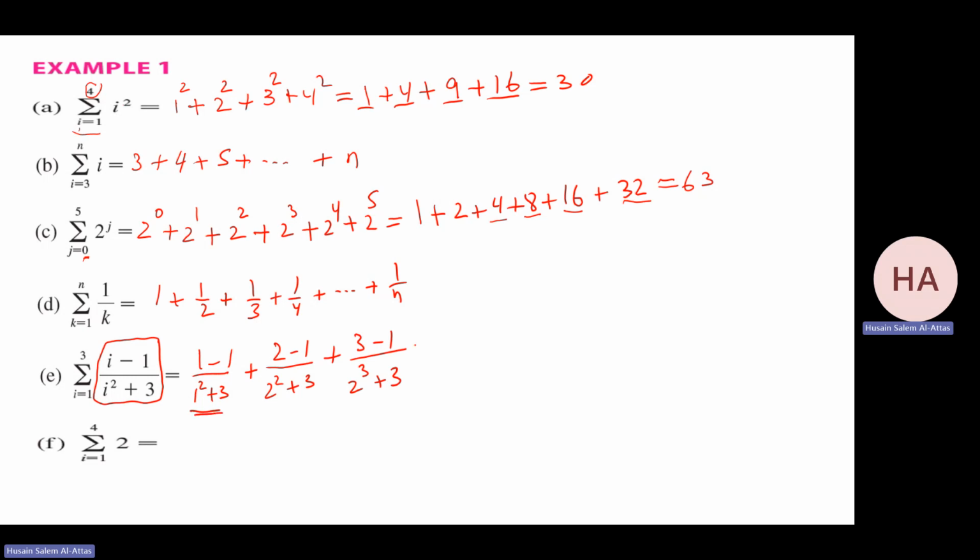This first one is 0. Then I have 1 over 2 squared, 4 plus 3, 7. Plus 2 over 2 cubed, 8, plus 3, 11. That gives me 11 plus 14, so that will be 25 over 77.